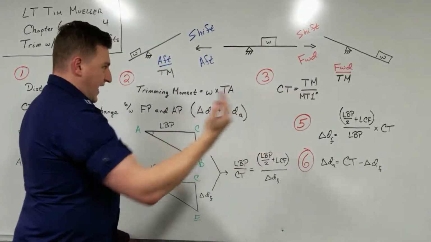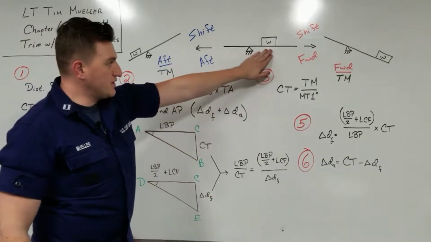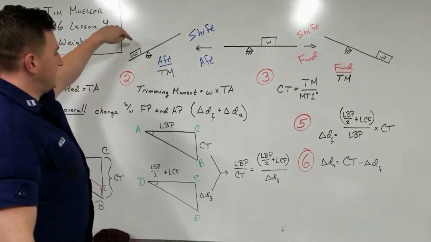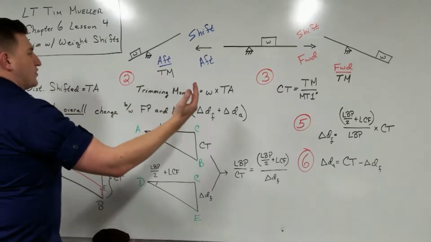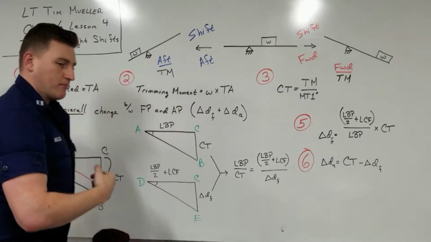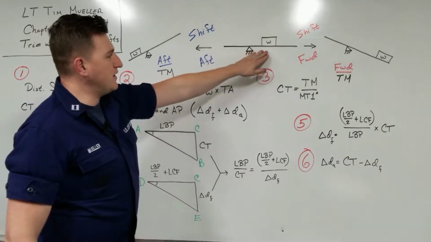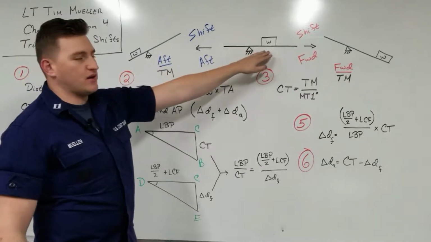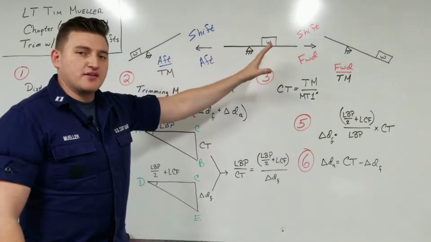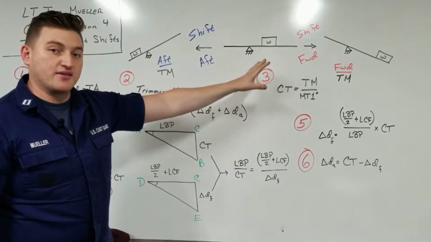If we shift it aft, however, so going from this position to this position, we're causing an aft trimming moment. Now, if you see in this diagram, I've made this weight cross the LCF. It doesn't necessarily have to cross the LCF.